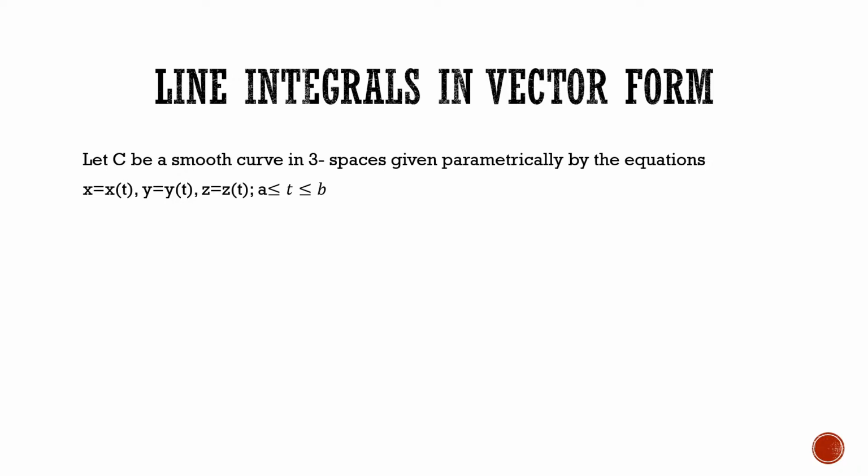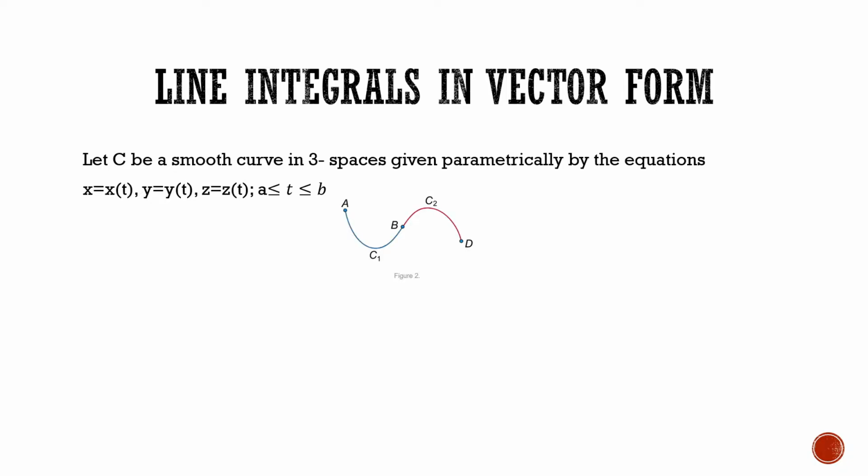Let C be a smooth curve in 3-space given parametrically by the equations in terms of t: x equals x(t), y equals y(t), and z equals z(t), with t from a to b.